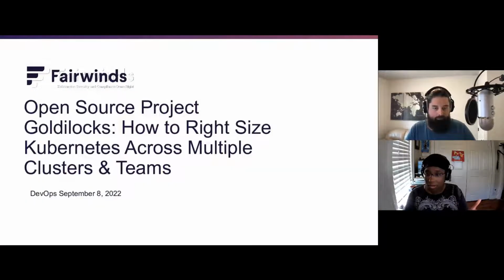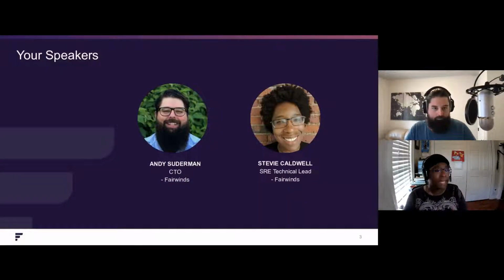So we're going to talk about Goldilocks, which is our open source project that helps you right-size your workloads and your clusters. As Cody said, I'm Stevie. I'm the SRE technical lead here at Fairwinds. I've been working with Kubernetes for about 4 or 5 years. And prior to that, I was doing the whole sysadmin network engineering dance.